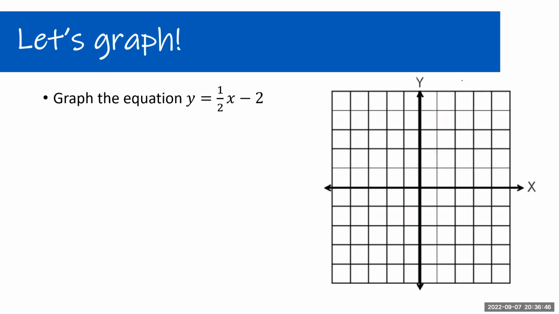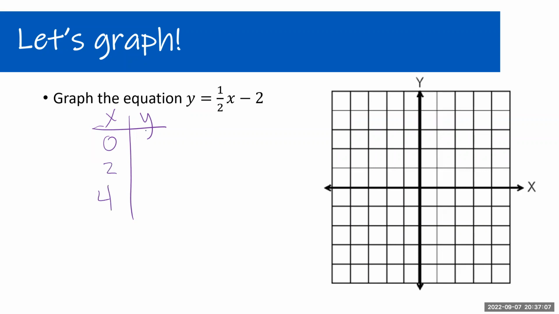Okay, let's look at another one. It's a good idea to pause these and work through them. I'm going to do 3 points here. And I am going to do when x is 0, when x is 2, and when x is 4.